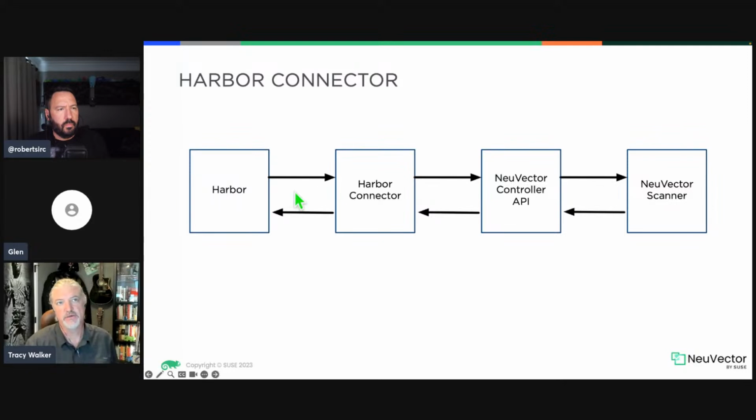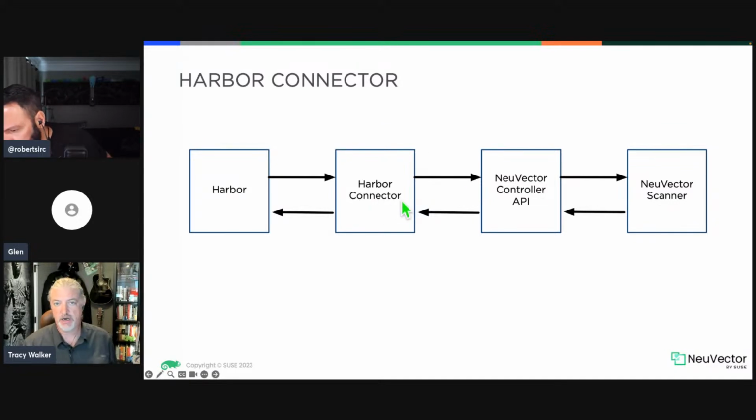So the connector is the piece that is going to queue up all the scans and the scan results. Harbor will make the call to the connector: I need you to scan 1,000 images. The connector will let the controller know, hey, I've got a lot of scans to run. And so the process runs exactly the same on the back end.